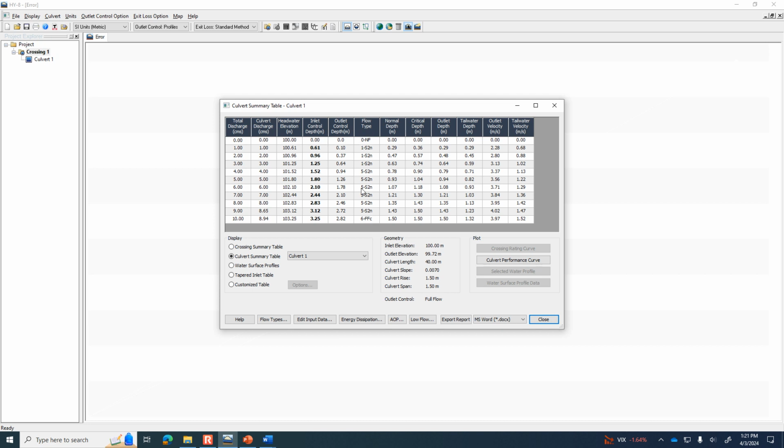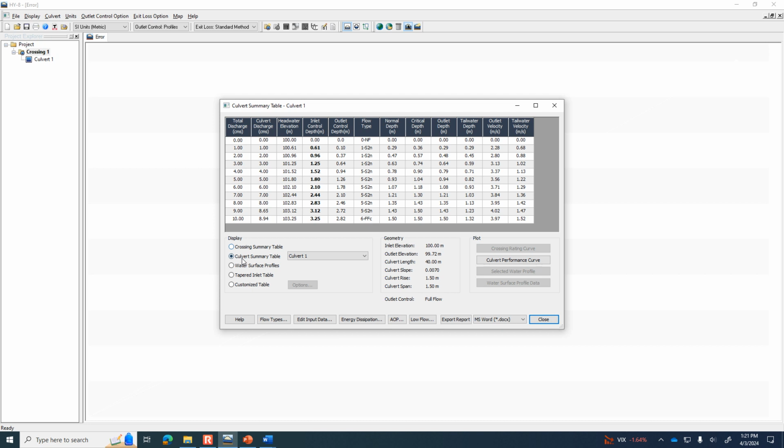Remember from last time there was inlet control, outlet control, and different types of inlet and outlet control, like what's the limiting factor of driving flow through the culvert. And the flow type will tell you, if you were going to manually use one of those equations or nomographs, which one is governing at a certain depth and flow rate.